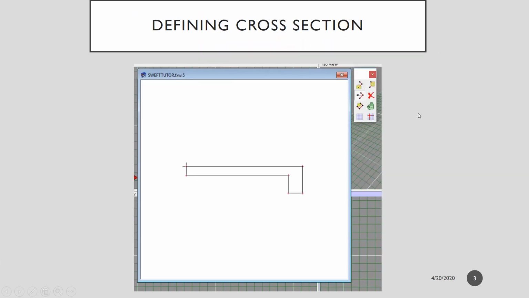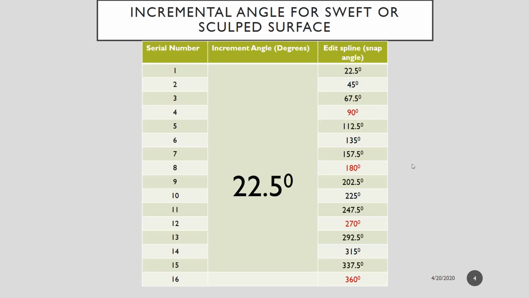For this swept surface, first of all you have to define the cross section. For defining the cross section you can use these tools, which are very useful, and you have to define the cross section perfectly straight. The lines should be perfectly straight. So this is the cross section for the dial of the wall clock.